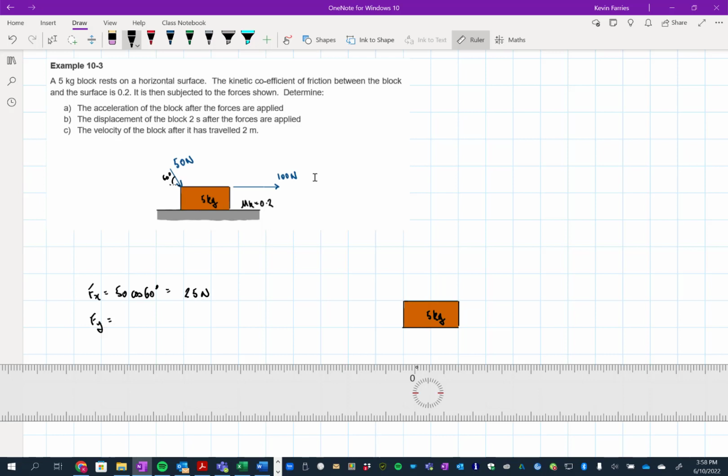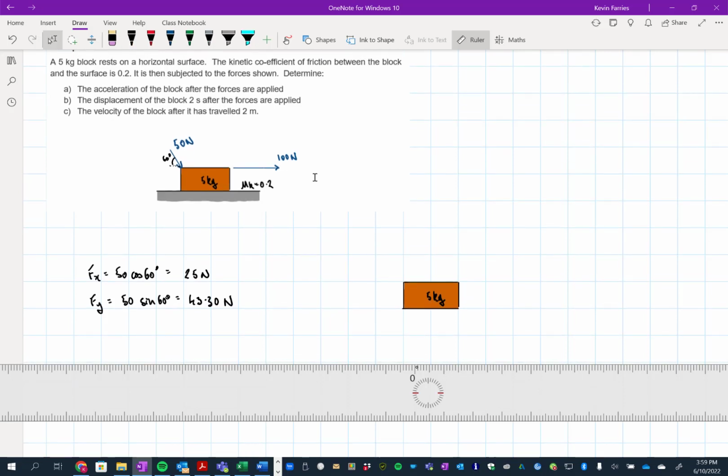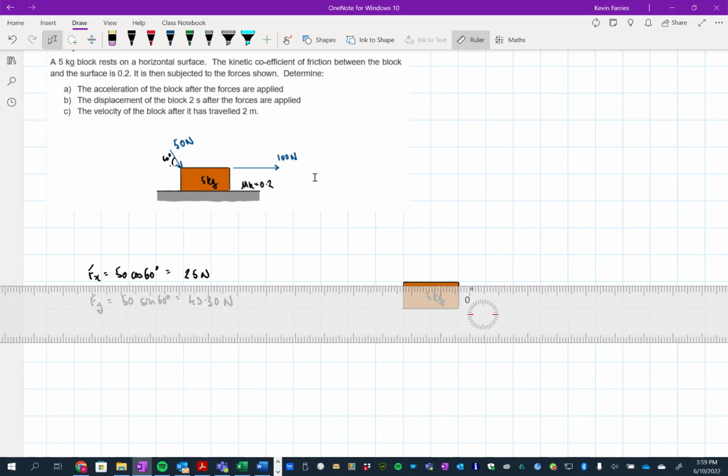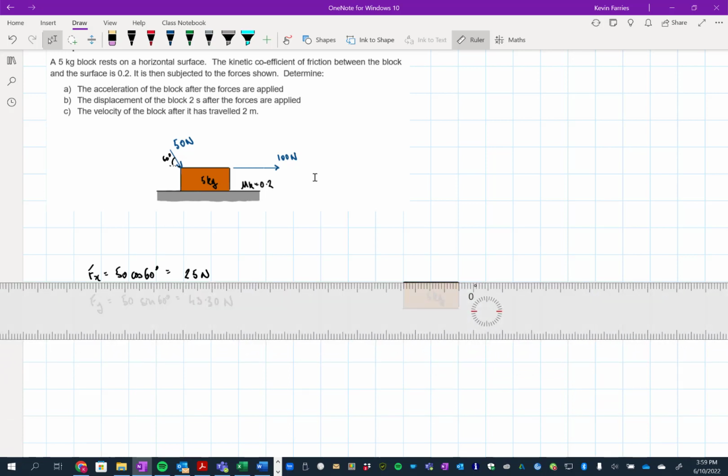And the y component is going to be 50 sin 60 degrees, which is 43.30. So we'll just say 43.30. I'll put that 0 in so everyone knows I'm not rounding to 3 significant figures, when we should be rounding to 4 significant figures until we get to the final answer. It just minimises any rounding errors.